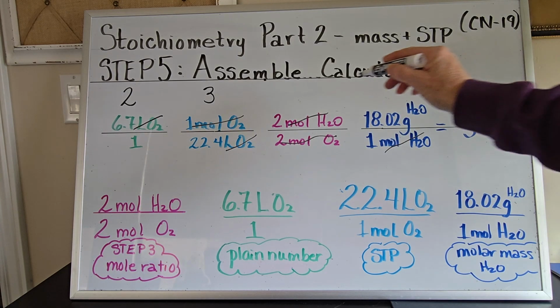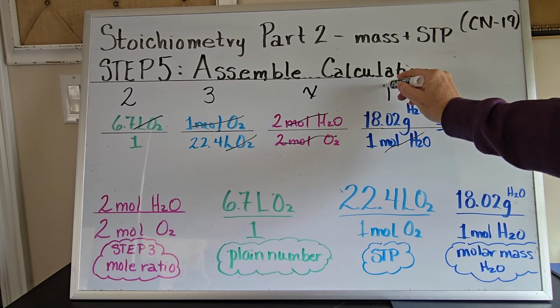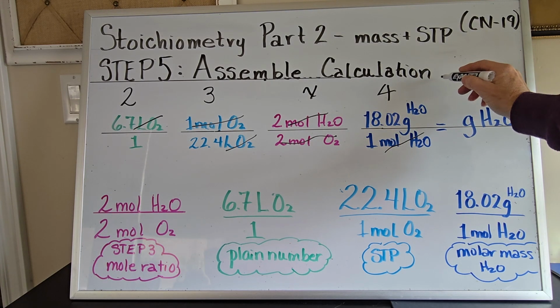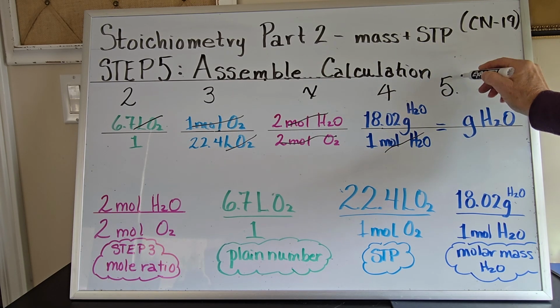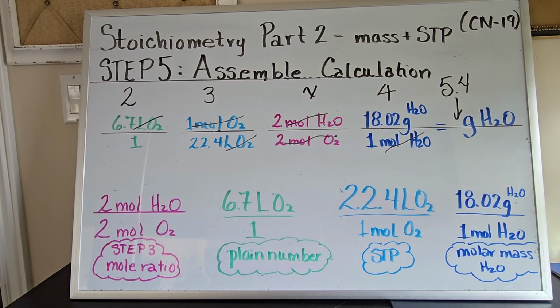Always remember our mole ratios are exact, and there are 4 unit factors for our molar mass of H2O. Once I've done my calculation and my rounding appropriately to 2 significant figures, I find 5.4 grams of H2O. So I finished my calculation, and this particular stoichiometry problem is done.